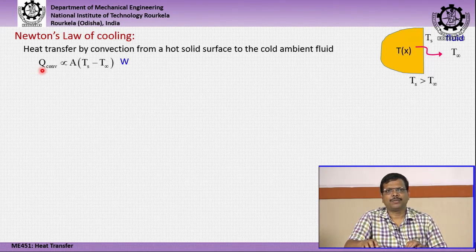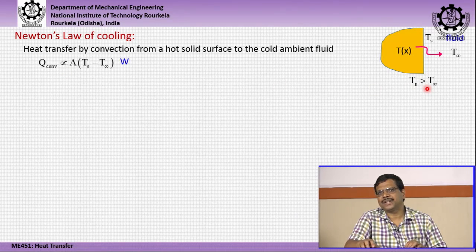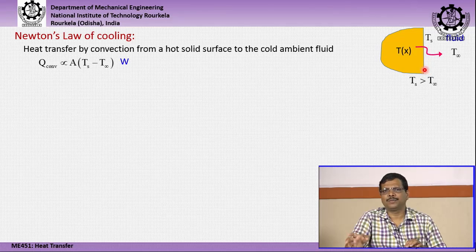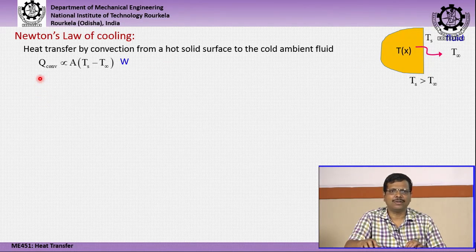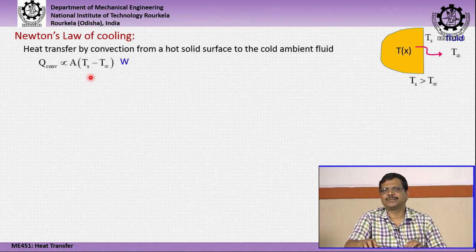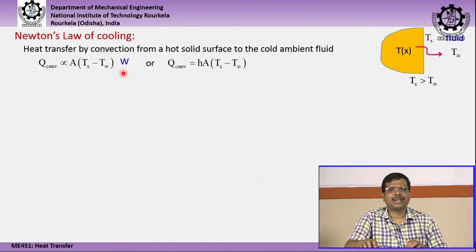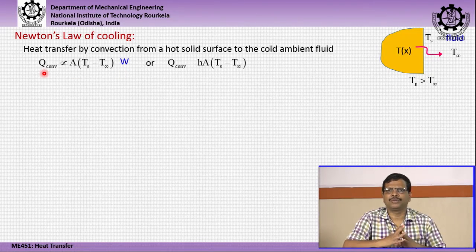This convective transfer is also directly proportional to the difference in temperature between the hot solid surface and the cold ambient fluid. That means, mathematically you can write Q convection is directly proportional to A into T s minus T infinity, with unit in watt, or you can write Q convection equals h into A into T s minus T infinity.